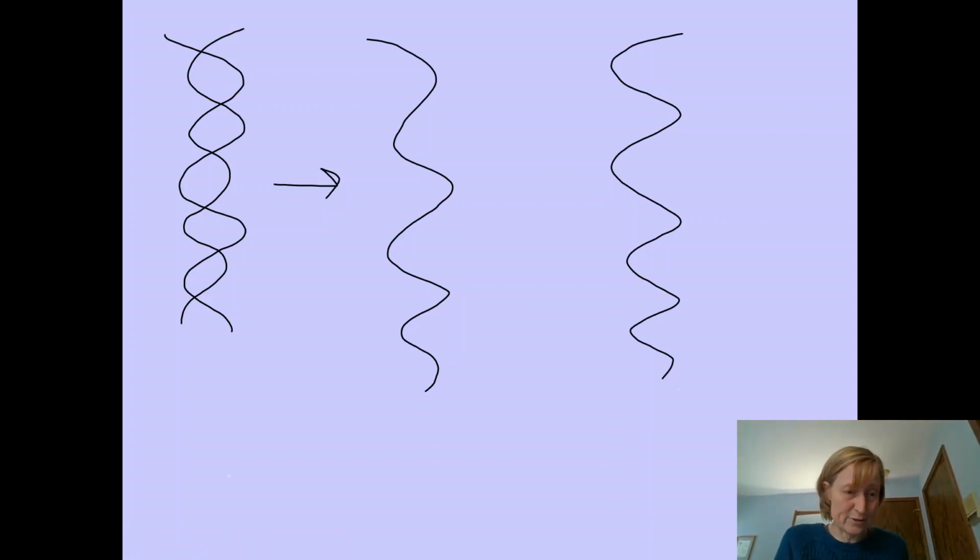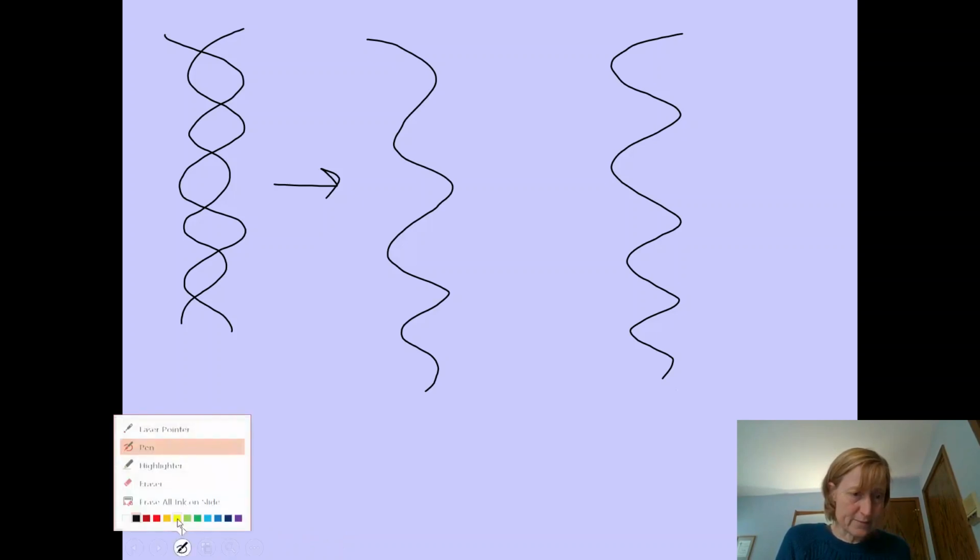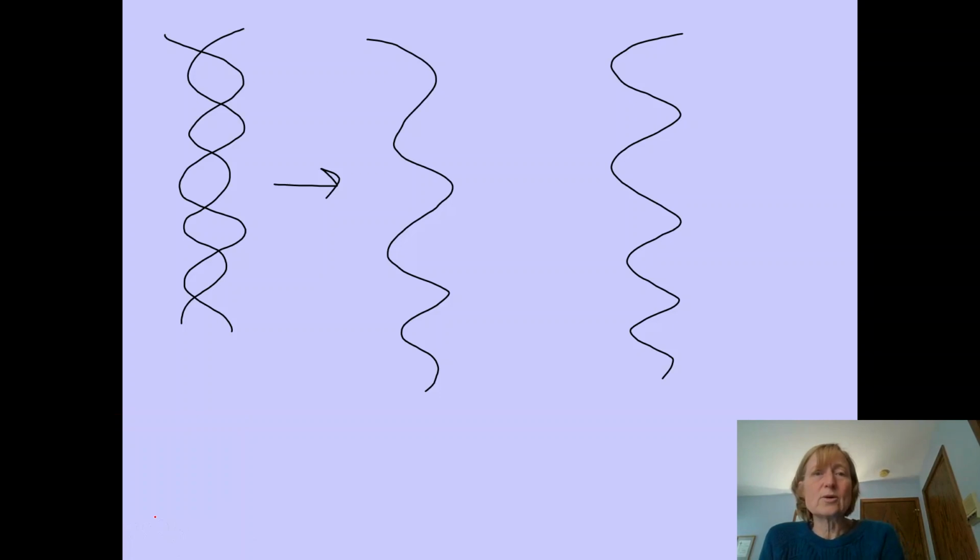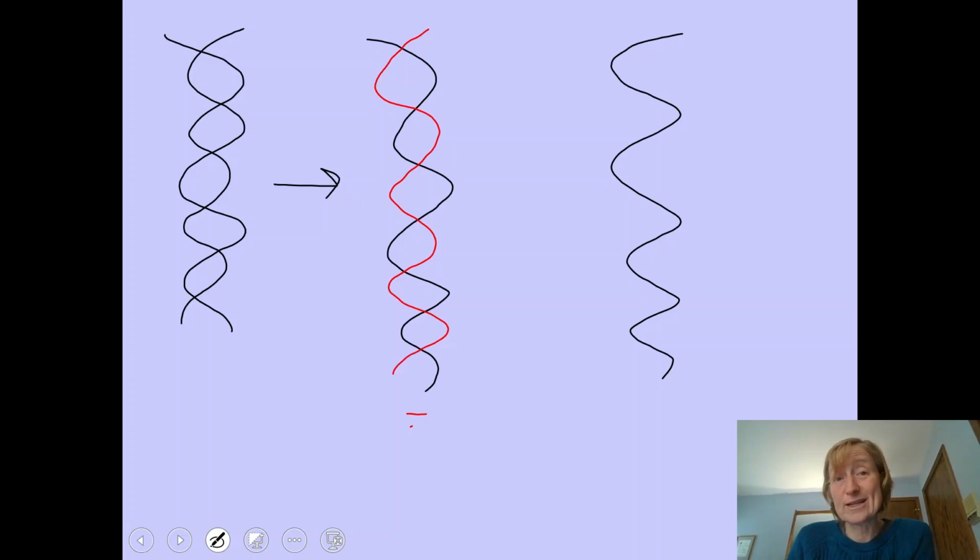And this is when I have to use my different colors here. Okay? So this old strand here is used as a template for the building of the new strand of DNA, because if we know what the old strand's nucleotide sequence is, we can build a new strand of DNA.